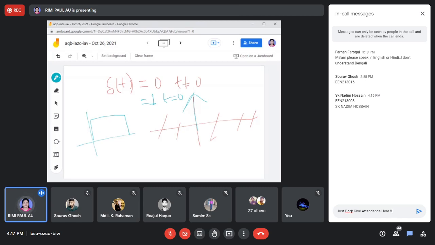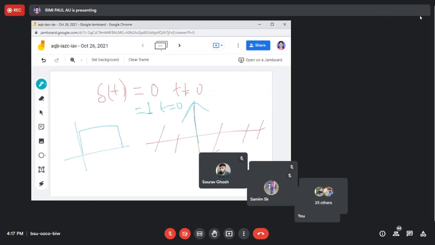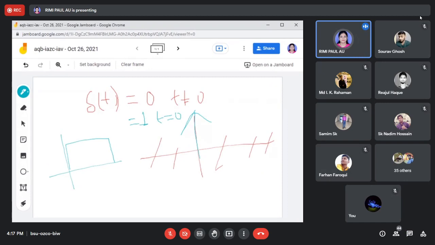Now your target is that the area should be constant, but I want to increase the length of this signal. If I cannot change the area of this rectangular pulse signal, but I want to change the length, what will happen? The width will decrease, because length into width is equal to area.